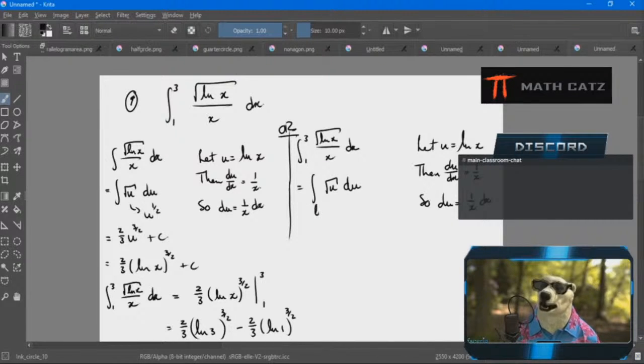The bottom one is going to be log of 1. Top one is going to be log of 3, which you can keep like that or use a decimal, do whatever you feel comfortable with. I then have everything in terms of u. So I can move forward finding an antiderivative as u to the 3 over 2, 2/3. And I'm going to plug in log of 1, log of 3.